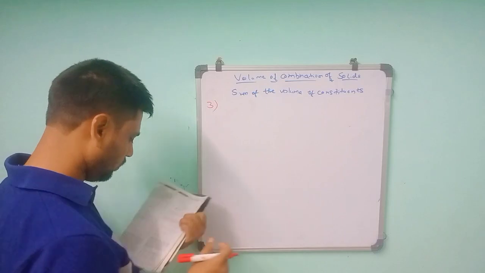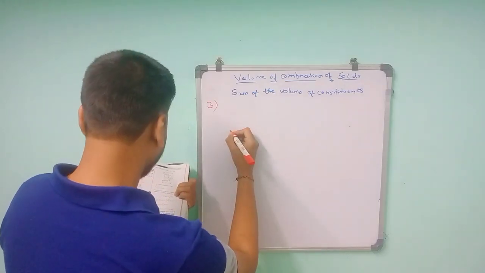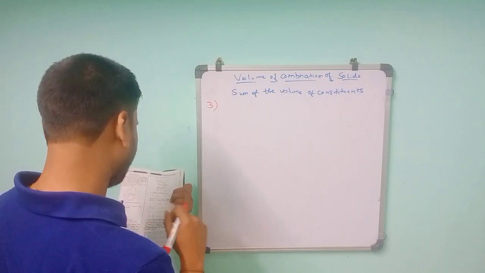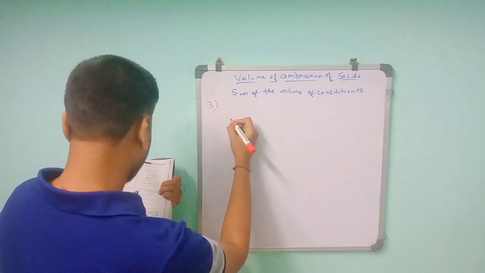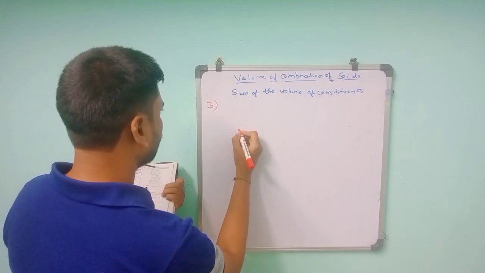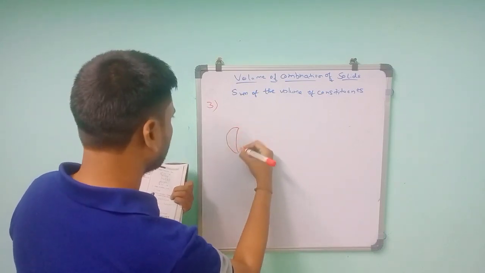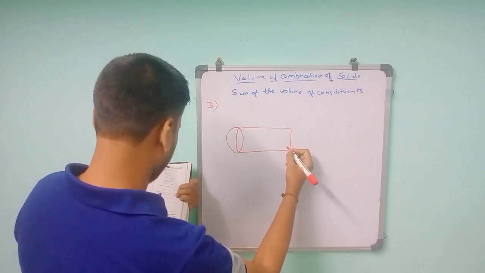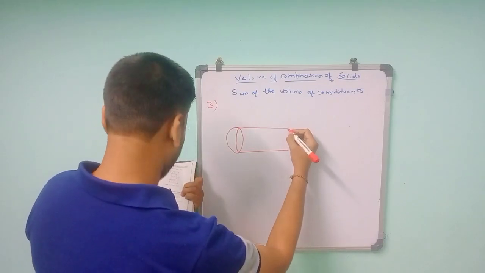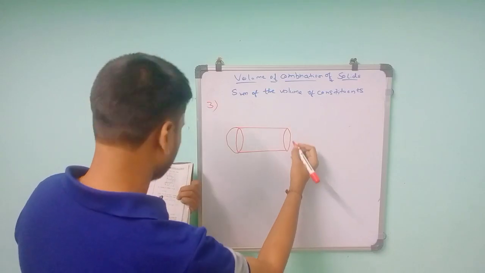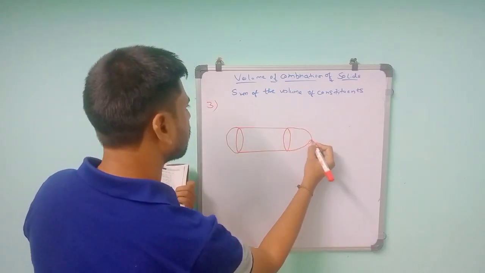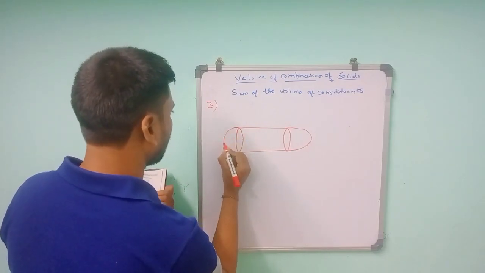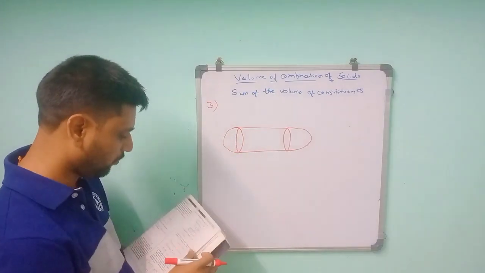In the diagram of that gulab jamun, which is in the shape of a cylinder, at two ends there are two hemispheres. So this is the two hemispheres at the ends of the gulab jamun.